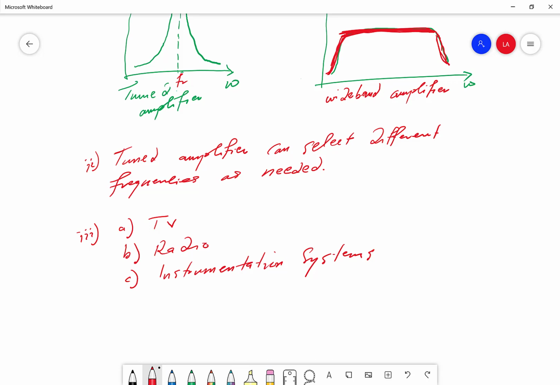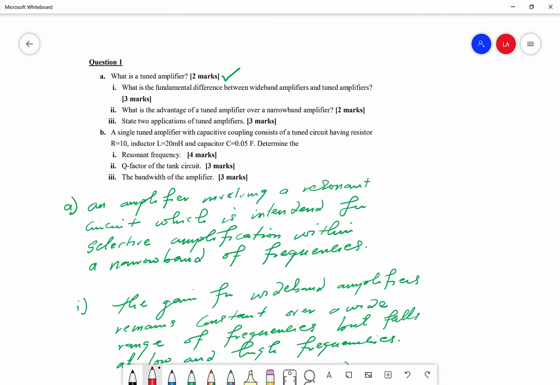Okay, all right. Now this leads us to the main calculation question, and in that question there was a single tuned amplifier with capacitive coupling consisting of a tuned circuit having resistor R, which is 10 ohms, an inductor which is 20 millihenry, and a capacitor of 0.05 farad.